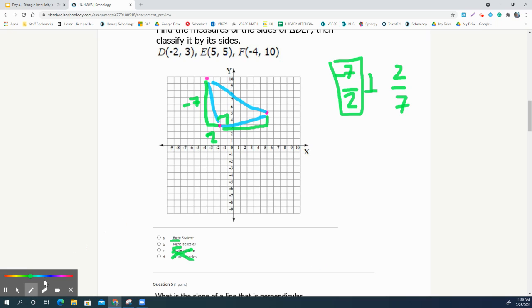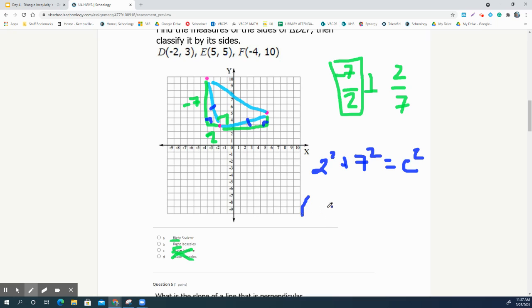Now in the warm-up, we kind of talked about that we can use those slope numbers in order to find the distance here, right? We can use Pythagorean theorem. We just made a little right triangle. So if I use those slope numbers, -7 and 2, or +7 and 2, 2 squared plus 7 squared should equal c squared.